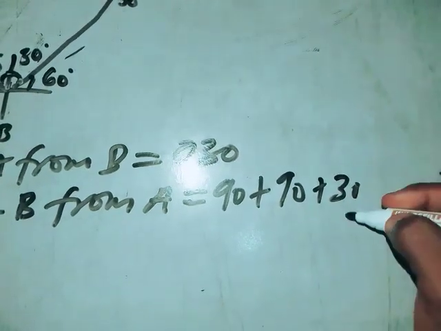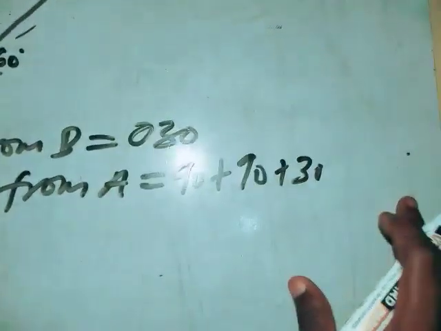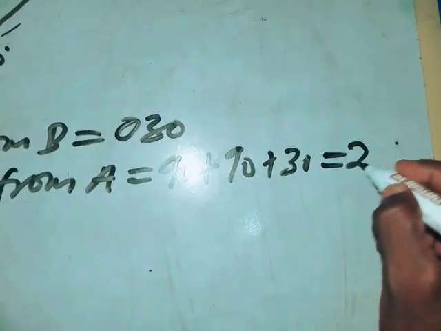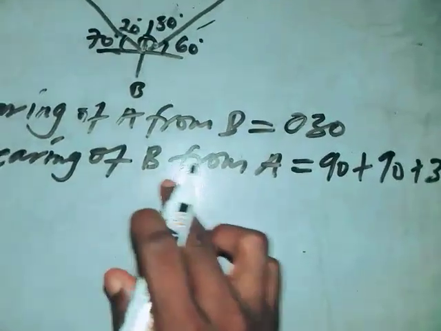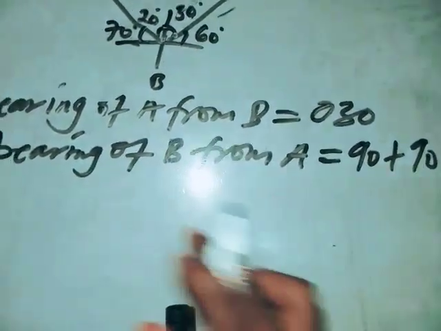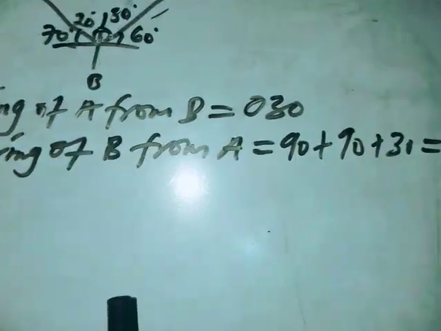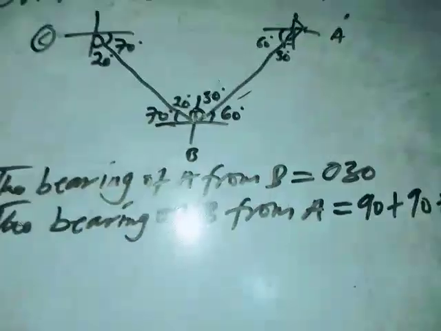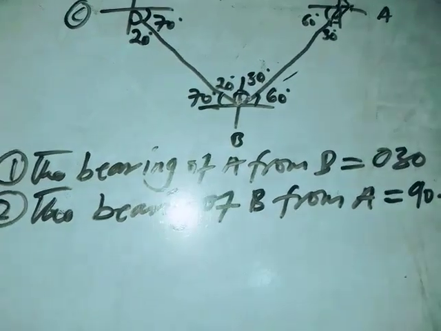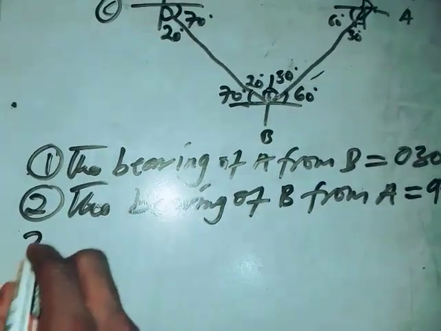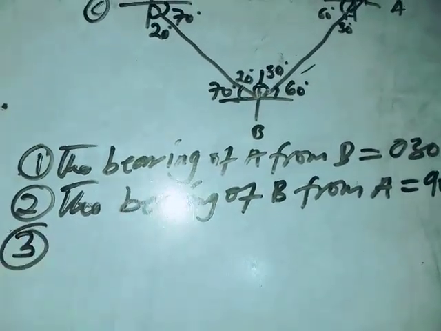Now when you sum up this, you're going to have 90 plus 90 plus 30 will give you 210 degrees, and that is the bearings that we are looking for of B from A. So the bearings of B from A is 210 in this diagram. You are getting me. So let's move to number 3 as the final question in this diagram.